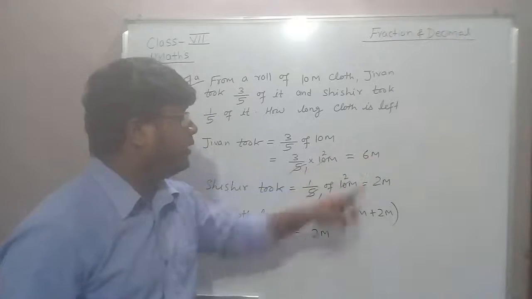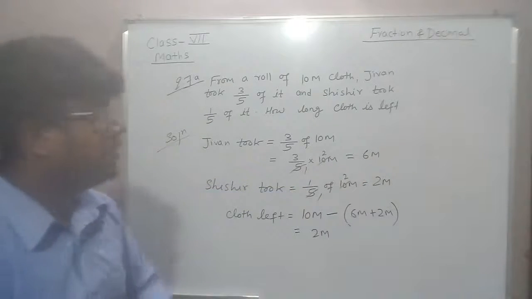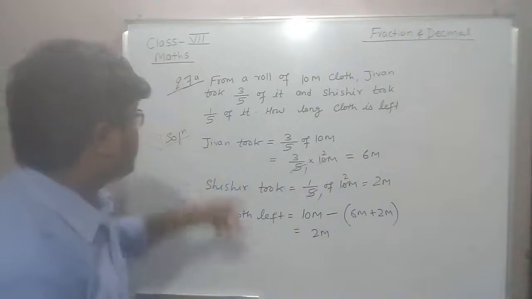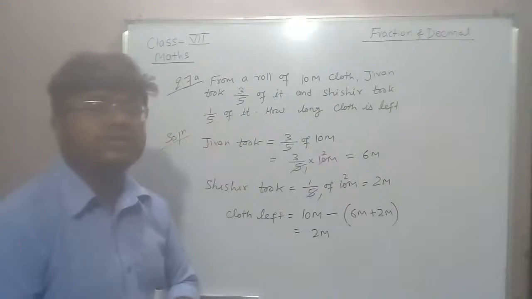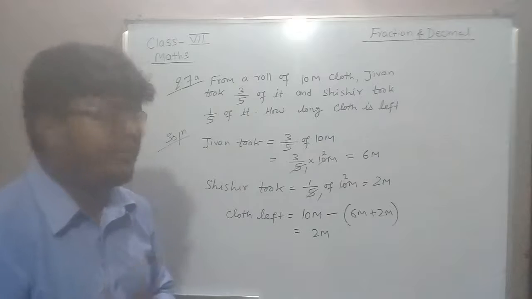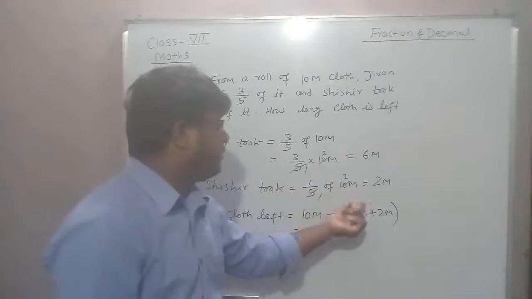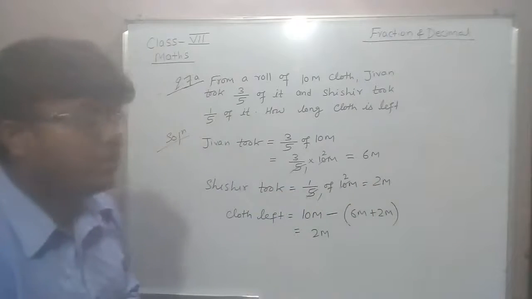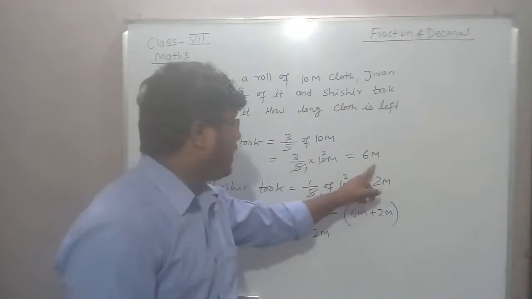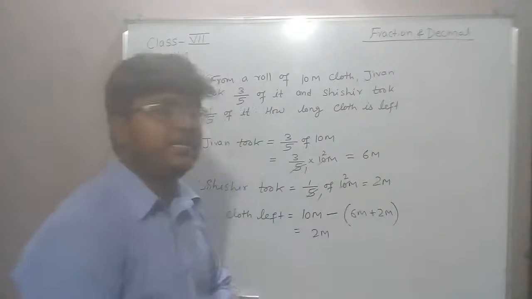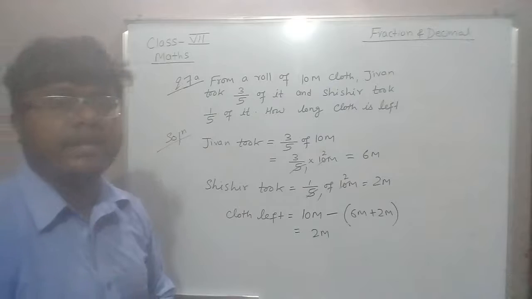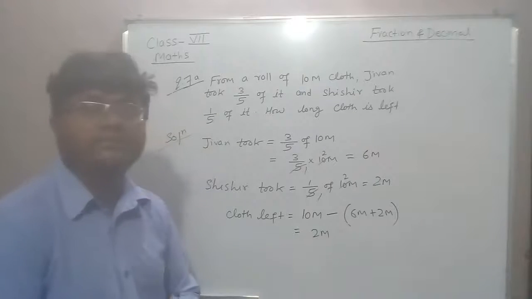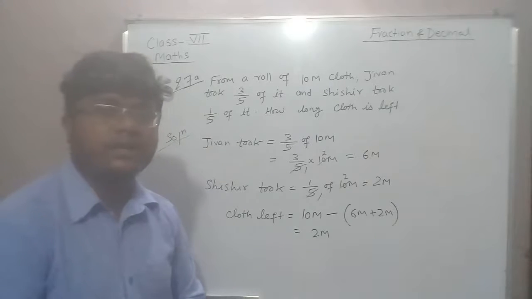Similarly, Shishir has taken 1/5 part of it, which is 2 meter. So altogether G1 and Shishir have taken 6 plus 2, that is 8 meter cloth. So the remaining cloth is 2 meter. Is it clear for all?